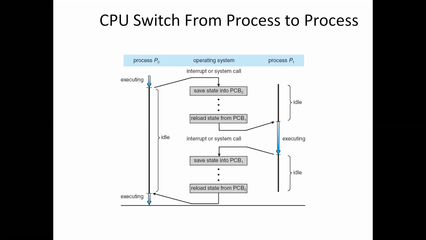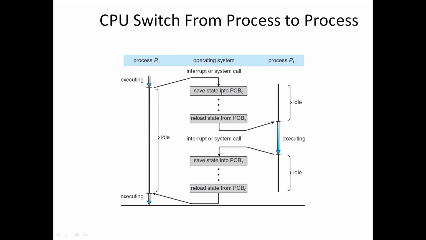It stores the state of that process into the process control block 0, that is, process P0's process control block. When the processor is leaving, at that time it stores where the execution has stopped.